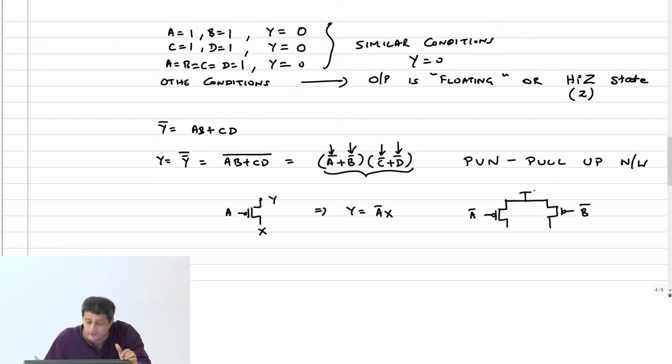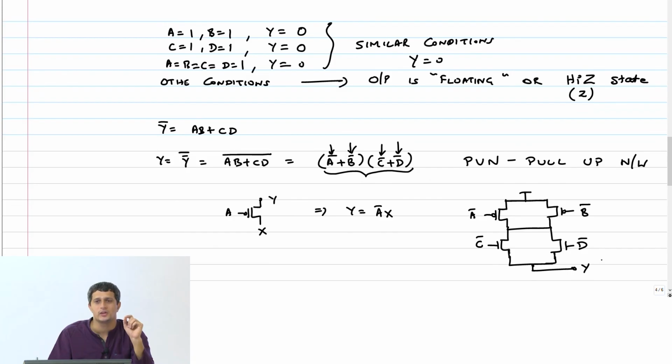And this is going to go to VDD. Now that is going to be in series with another network, C bar plus D bar. And this is my output Y.